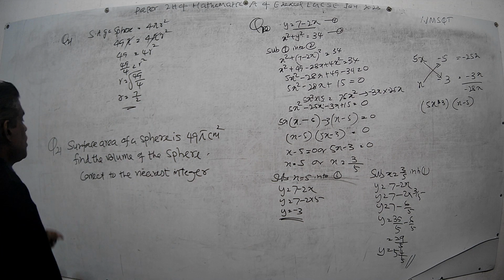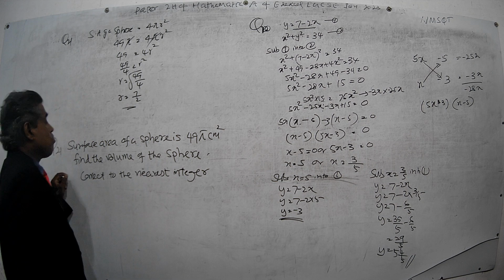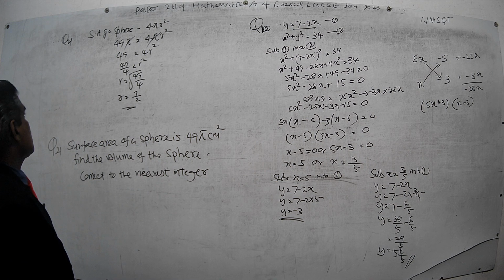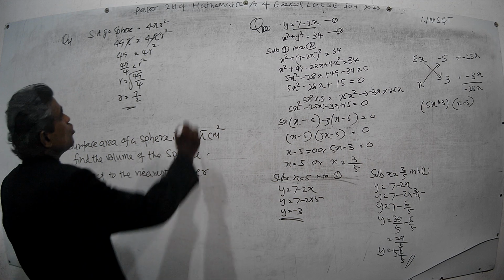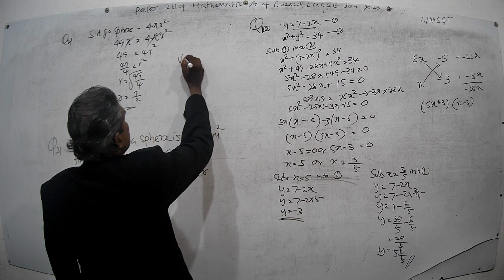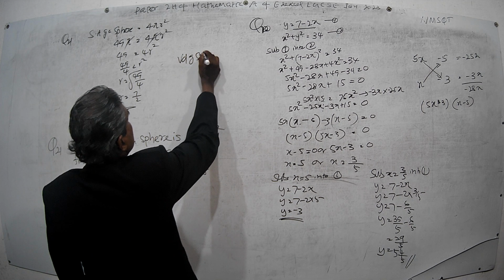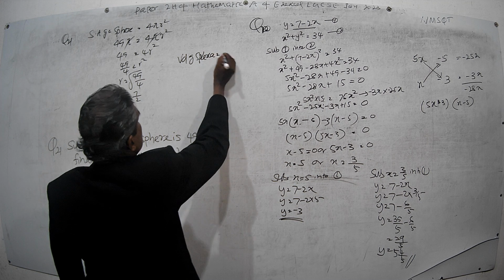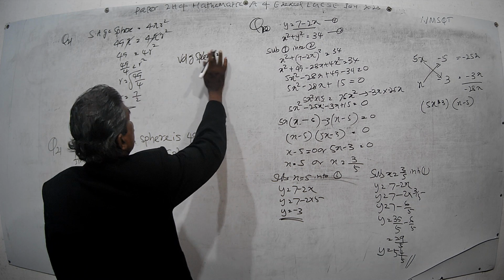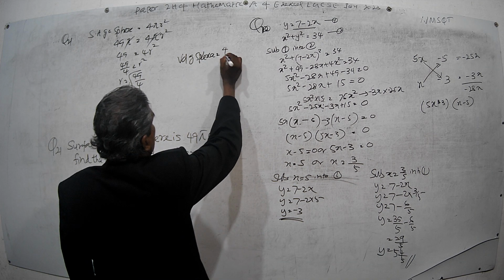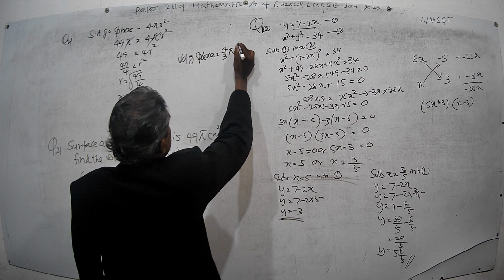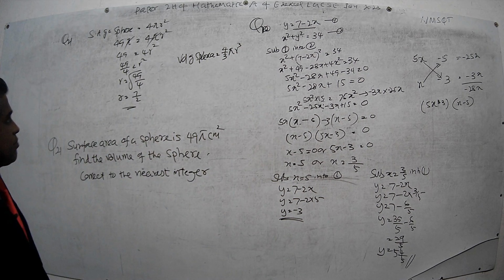Now we have to find the volume of the sphere. What is the volume of the sphere? Volume of a sphere is 4 over 3 pi r cube. This is the volume of a sphere.